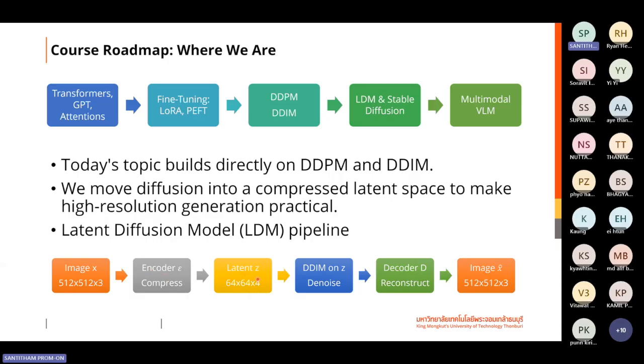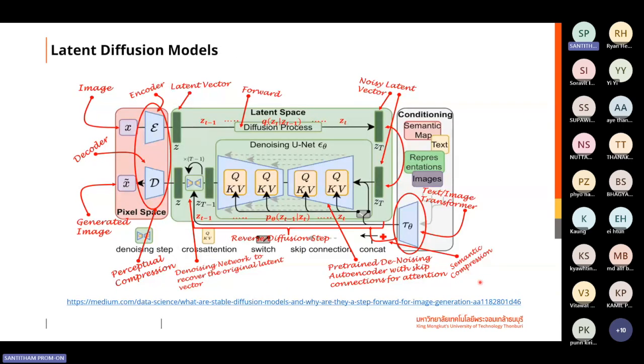Then we perform DDIM on the latent directly, not on the image, to denoise the latent. In the forward process, we add noise and predict the noise in the latent space. In the reverse process, we predict the noise and remove it, just like what we learned in the previous class. Once we have the predicted version, it passes through the decoder to get the image.